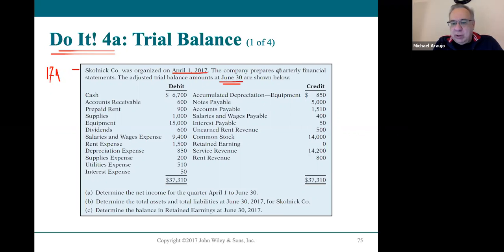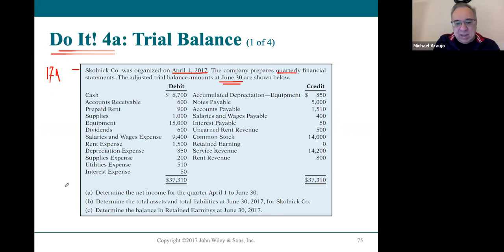So it's a quarterly statement. This is one of the few exercises. Usually your book focuses on a monthly statement. This is one of the few exercises that show you a quarterly statement. Well, what does it mean? It's simply, all this information is about a 3-month period of time rather than a 1-month period of time.